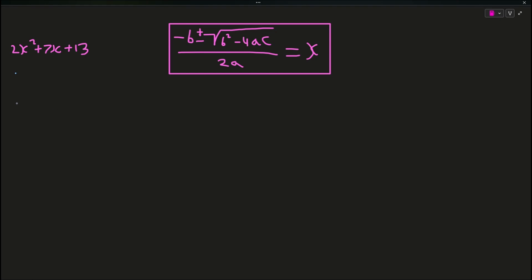So substituting that in, it's minus 7 plus minus square root of 7 squared minus 4 times 2 times 13, over 2 times 2.